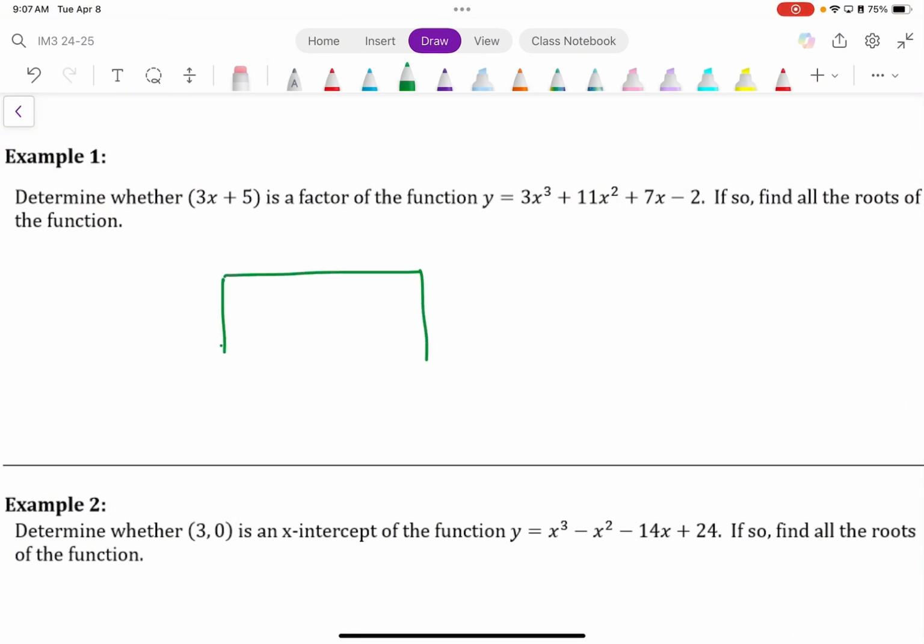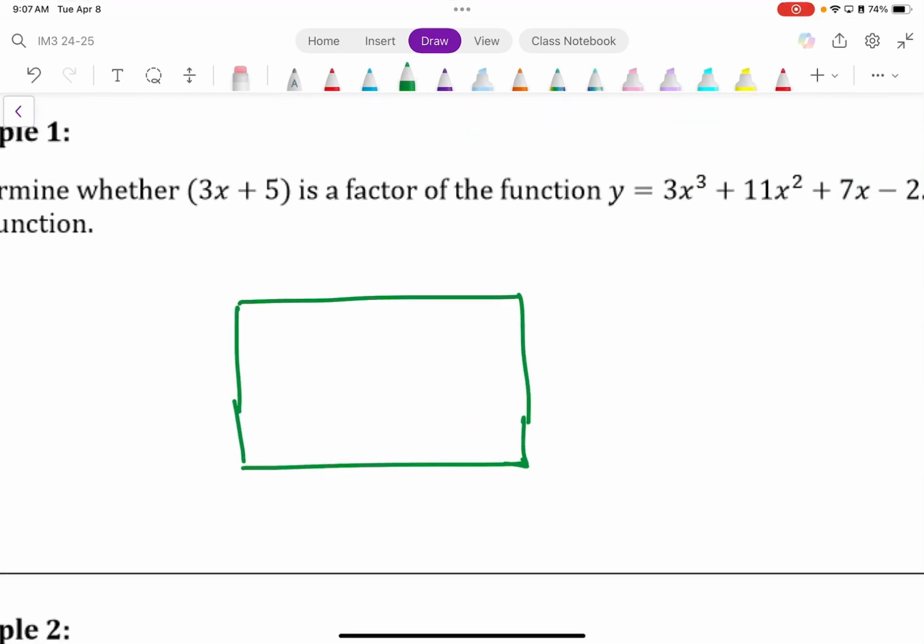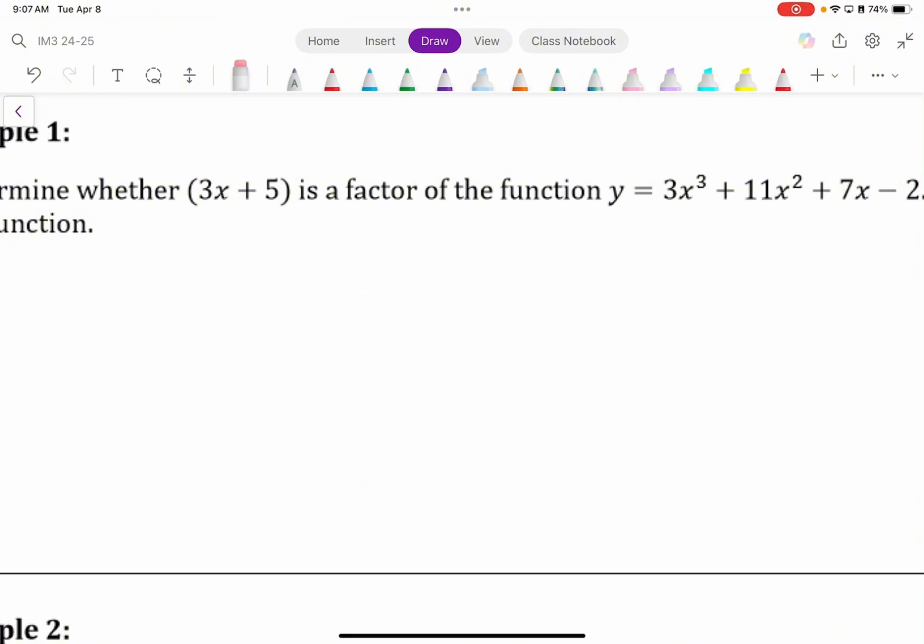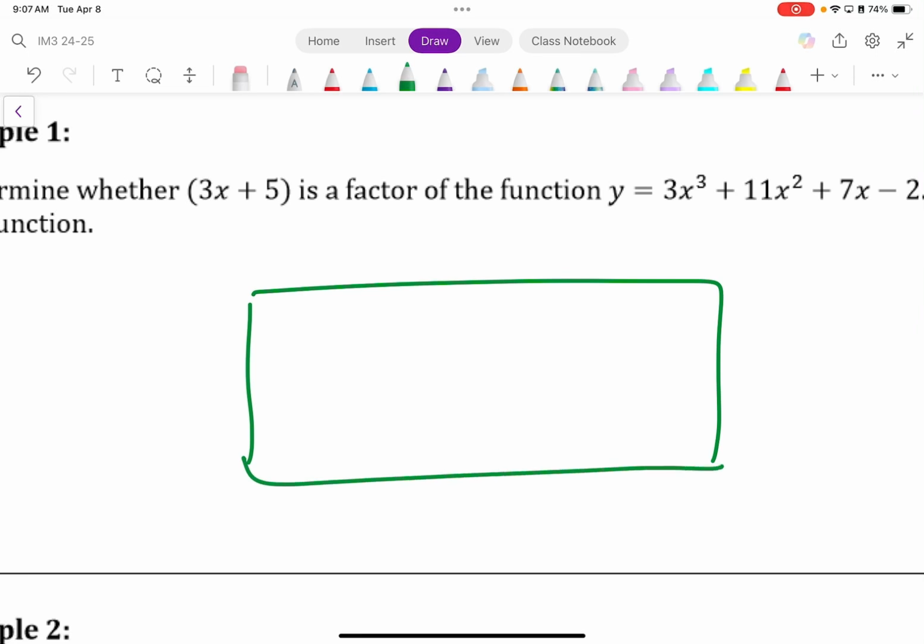Start with the giant box. And how many columns will I need for this box? 3 columns. How many rows will I need for this box? 2 rows.